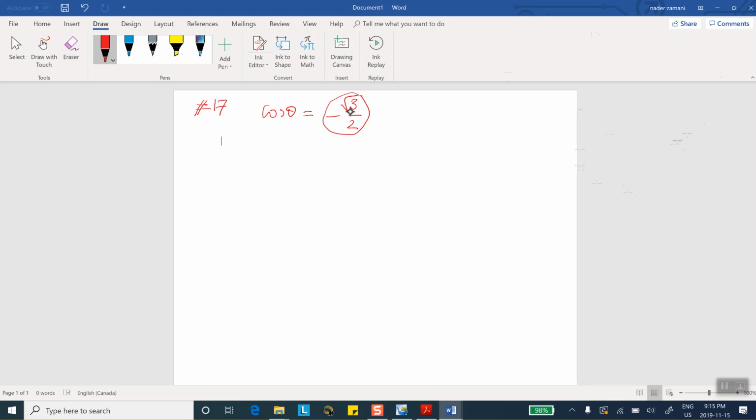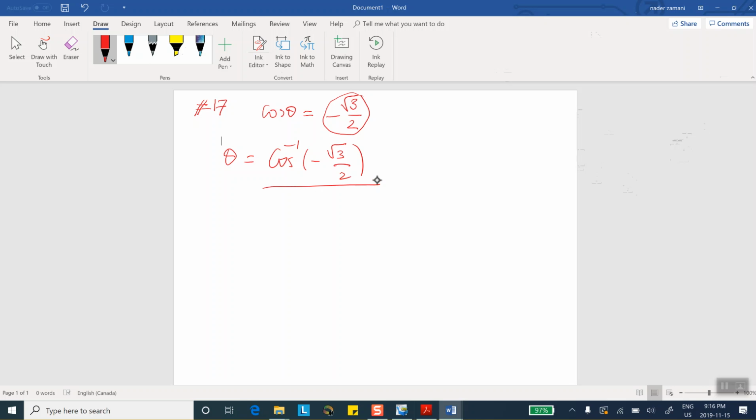So we know from what we did before that theta is equal to cos inverse of minus root 3 over 2. Now, whenever you write cos inverse, the angle that comes out, like angle theta, is going to be between 0 and pi.